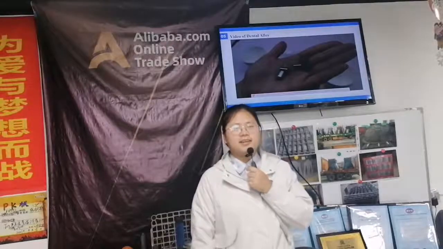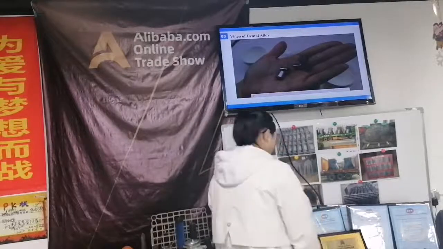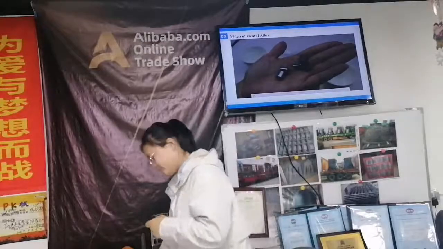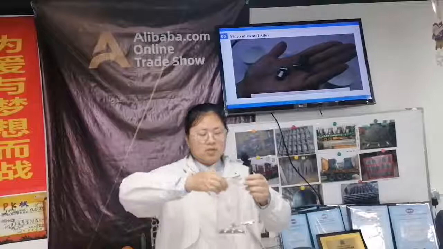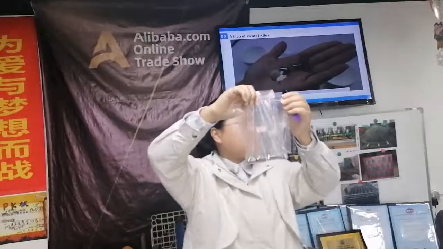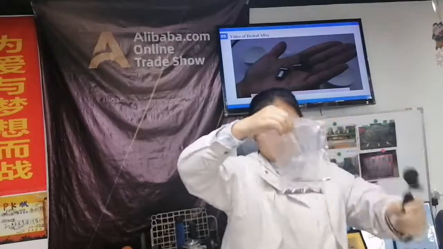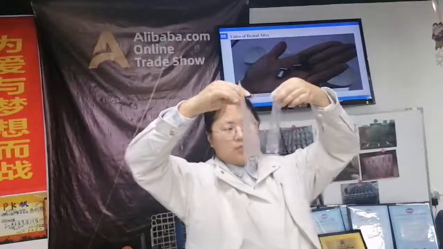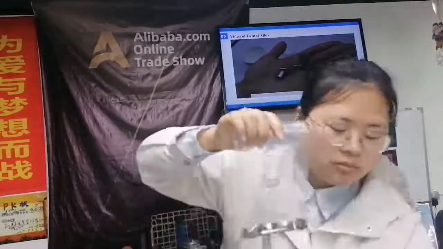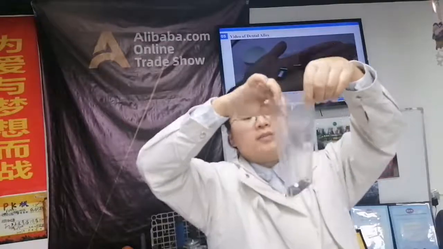Okay. Next, I will show some samples for dental alloy. You can see this product is our sample for dental alloy. This one is nickel chromium dental alloy.